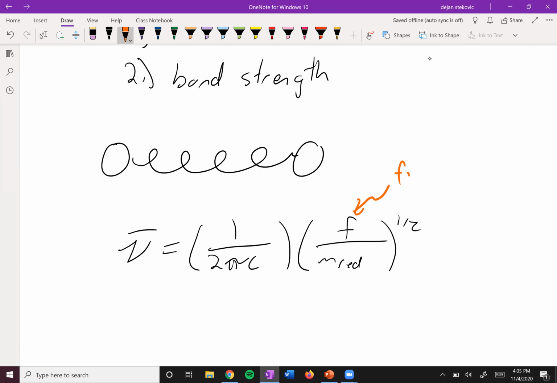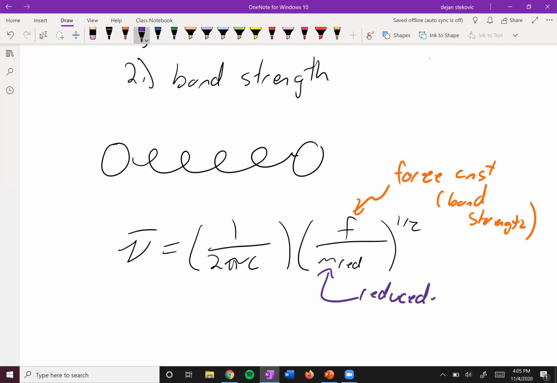F is the force constant, that's related to your bond strength. And this m sub red is the reduced mass. And so what this allows us is to treat the two masses of the balls as one. So we do m1 times m2 over m1 plus m2.